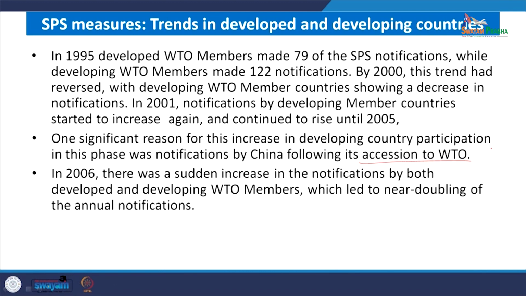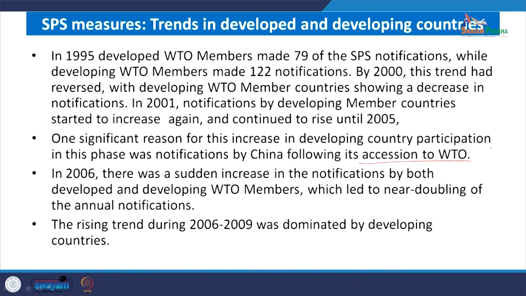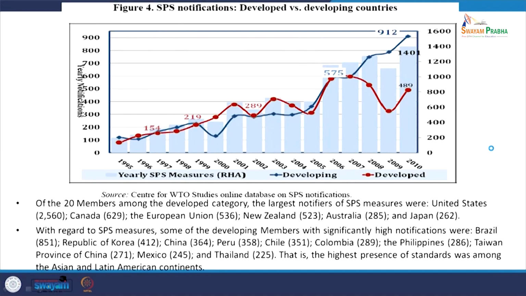In 2006 particularly, there was a sudden increase in notifications by both developed and developing WTO members, which led to a near doubling of the annual notifications. The rising trend during 2006 to 2009 was dominated by developing countries, as we have already discussed.